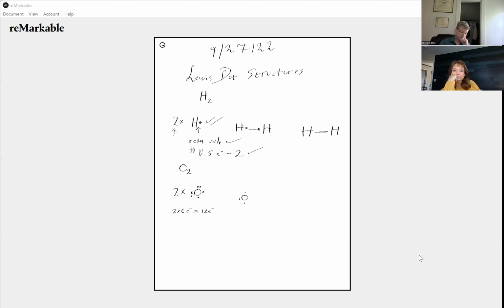So put 1 of your oxygens down. Actually, I don't like the way that looks. It just looks a little sloppy. I'm going to redo it. Are you allowed to do that? Of course you are.